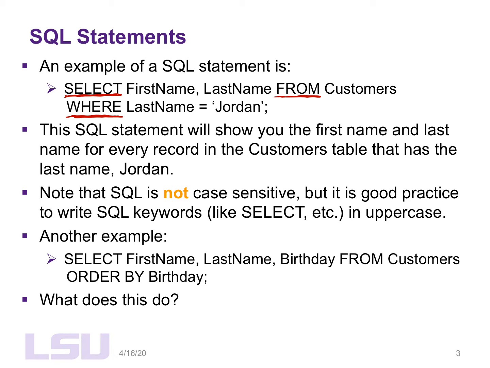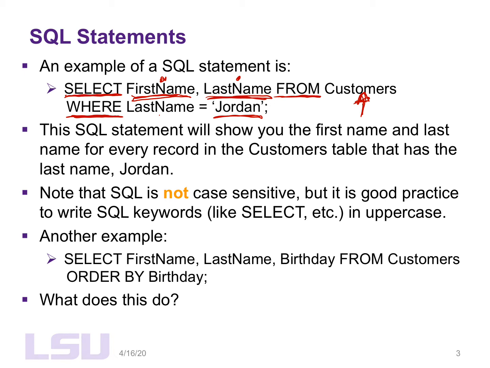So here, I want to select the first name and last name from a customers database table, which I showed before, where the last name is equal to Jordan. So basically this will return the first names and last names of everyone in the customers table who has the last name Jordan.